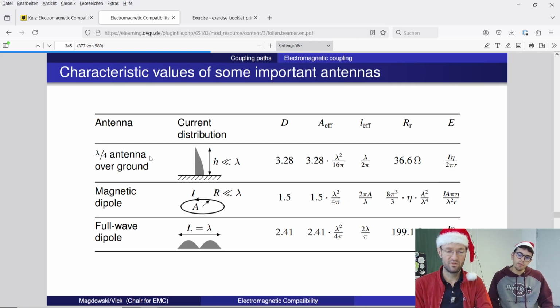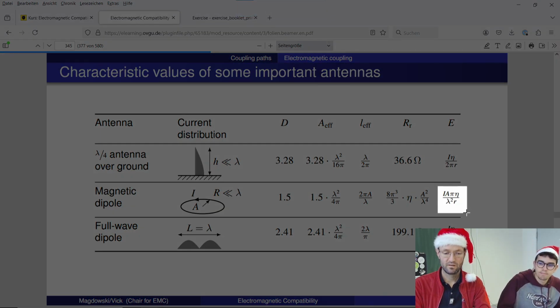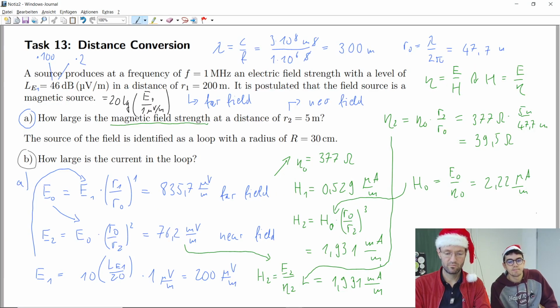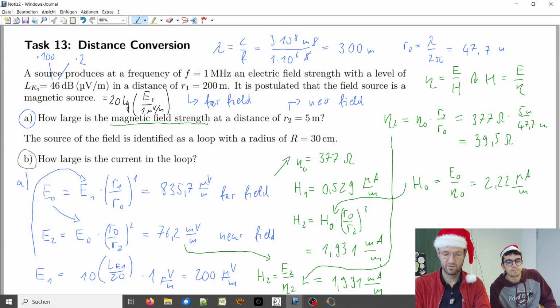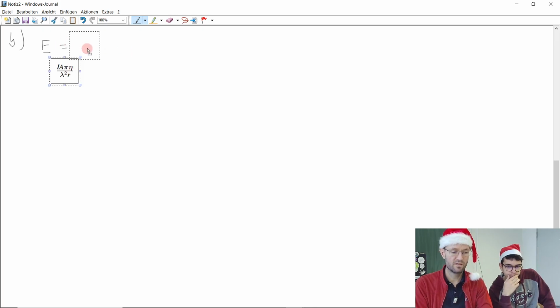So let me copy this formula here. And so we can now maybe use a second page for the next subtask B and say the electric field in the far field can be calculated according to this formula.